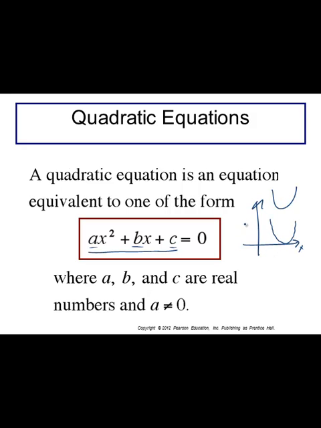Otherwise, your parabola could dip down and then back up below the x-axis, in which case you would have 2 unique real solutions. We talk about real solutions. Now, a quadratic equation always has 2 solutions.